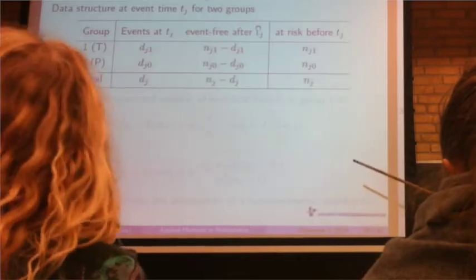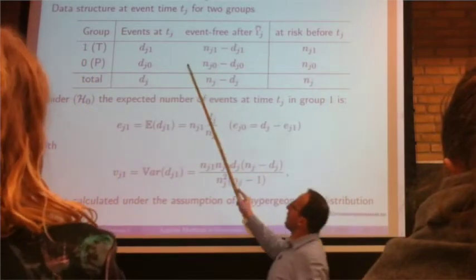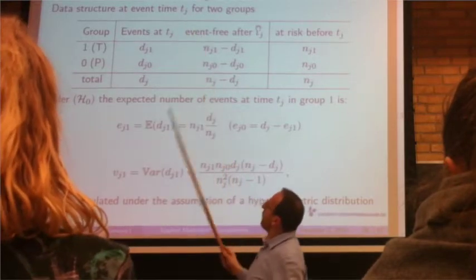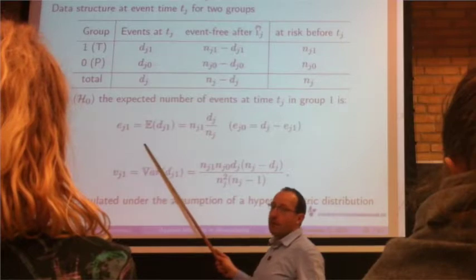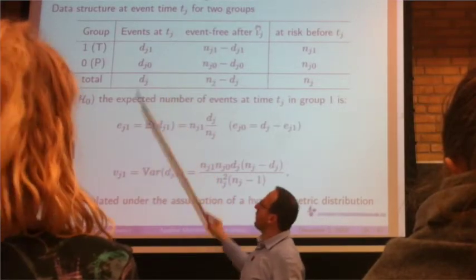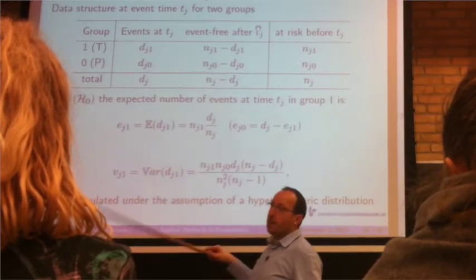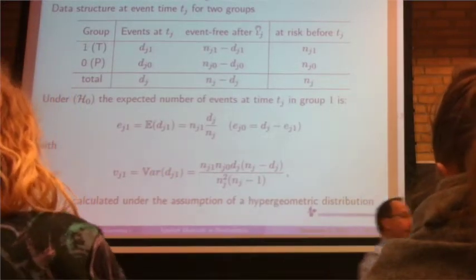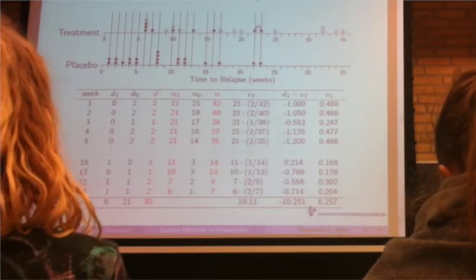From this null hypothesis, you can calculate from this table for each event time the so-called expected number of deaths. And the log-rank test compares the observed number of deaths with the expected number of deaths, which is calculated under the null hypothesis. Doing this calculation leaves this table.